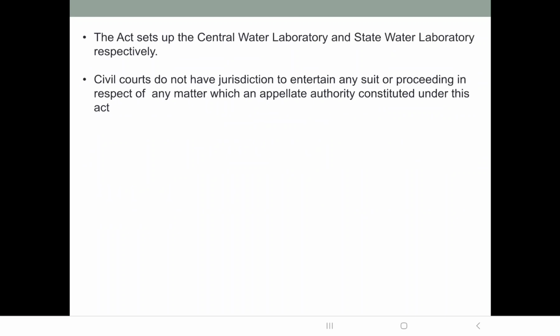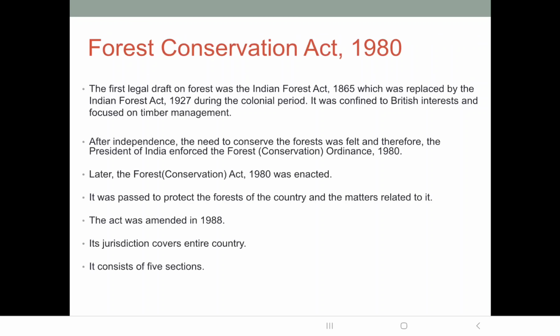Again, if any appellate authority is established to decide the matters under this act, then civil courts cannot entertain the suits. Okay, then we have discussed the Forest Conservation Act. Why was there a need for the Forest Conservation Act?